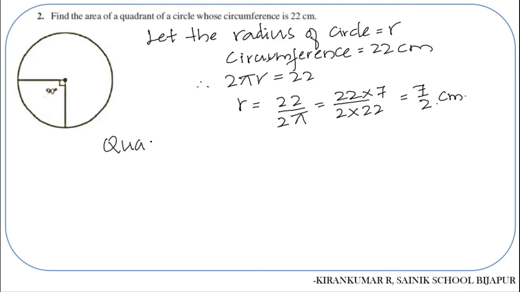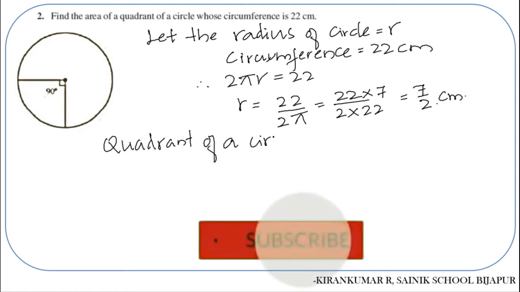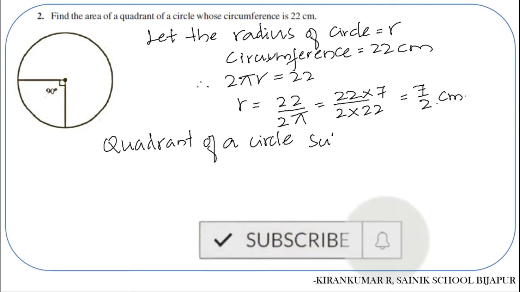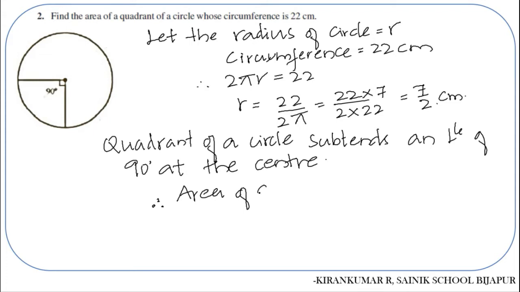I'll mention that quadrant of a circle subtends an angle of 90 degree at the center. Therefore, area of quadrant will be equal to 90 degree upon 360 degree multiplied to pi r square.